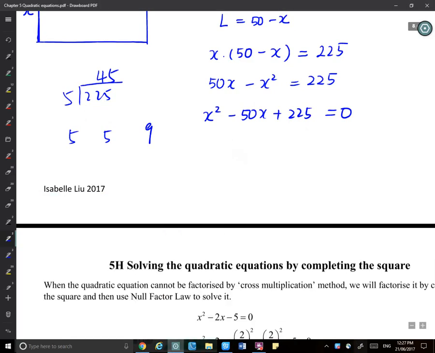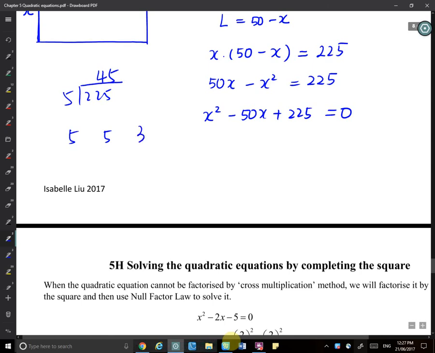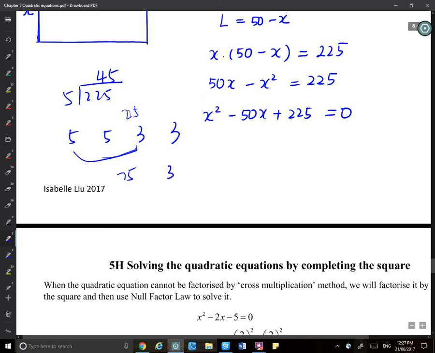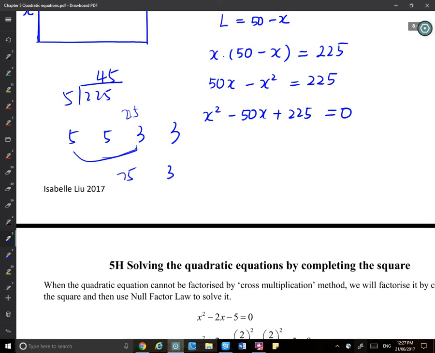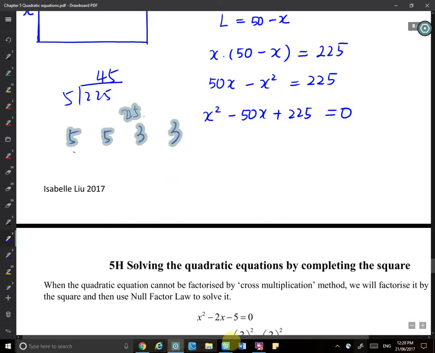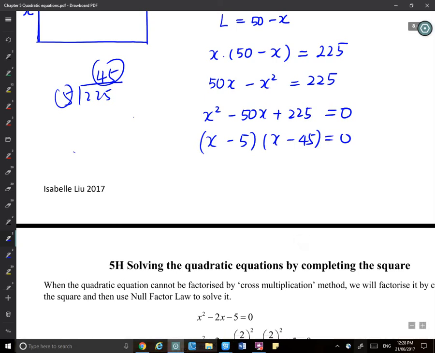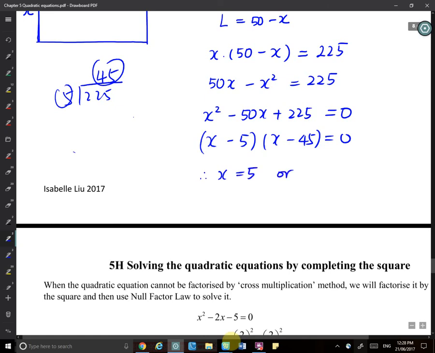Okay, let me have a look. 3 and 3, 25 times 3 is 75, and that's not 50. 45 and 5, yeah, just find 45 and 5. 45 and 5 make 50, so (x minus 5)(x minus 45) equals 0. So x will be 5 or x will be 45.